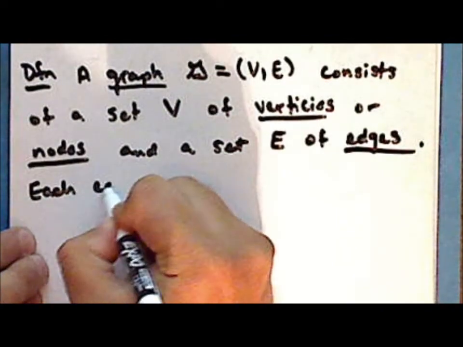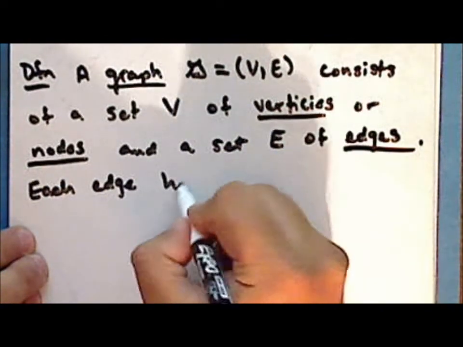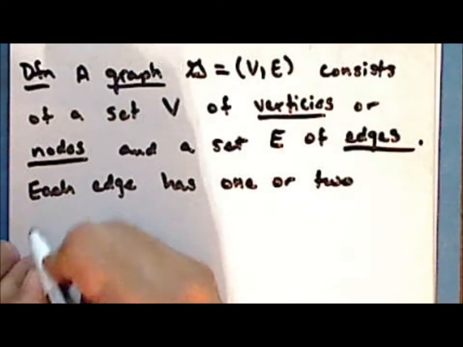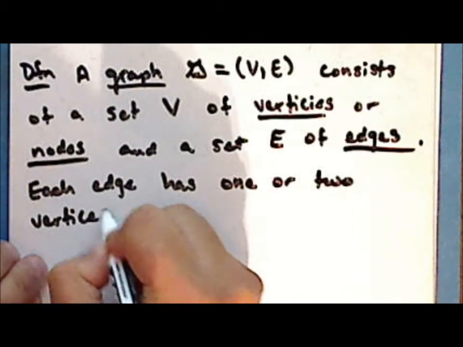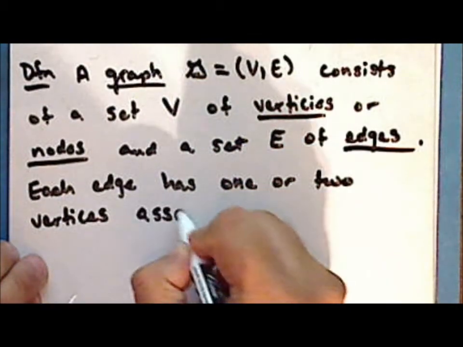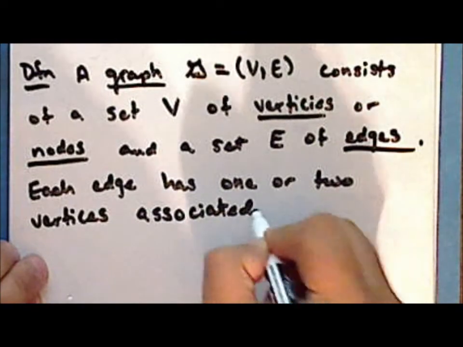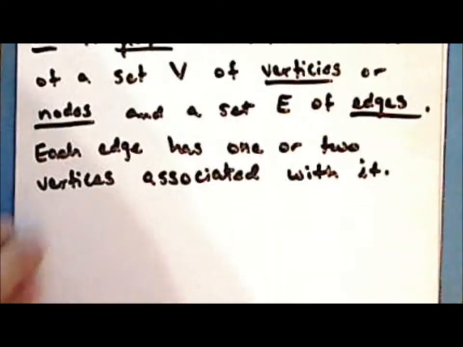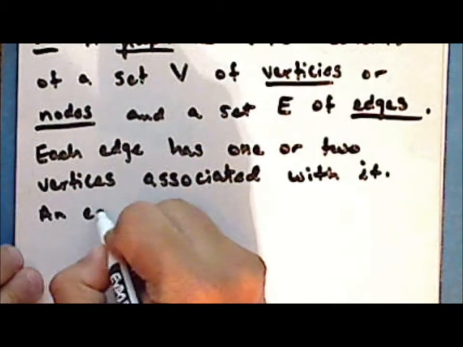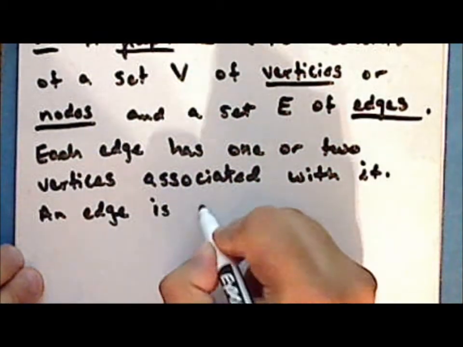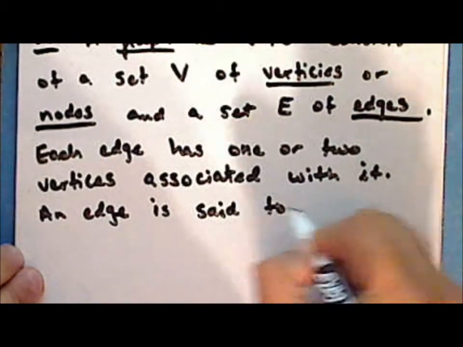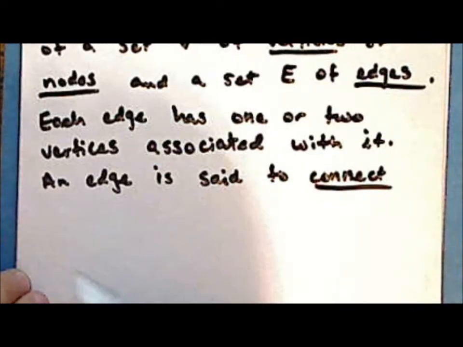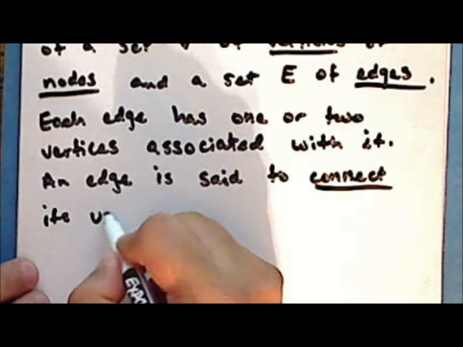Each edge has 1 or 2 vertices associated with it, and an edge is said to connect its vertices.